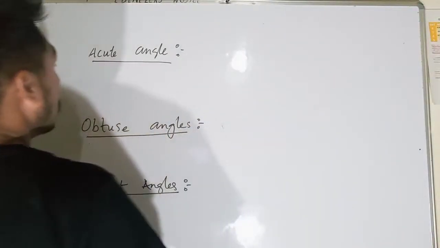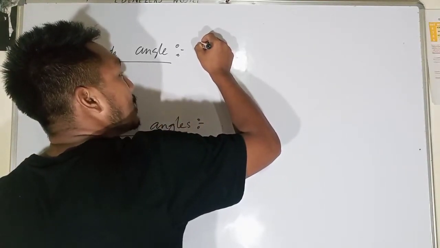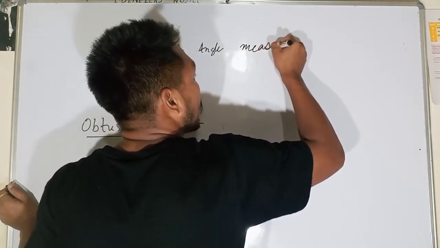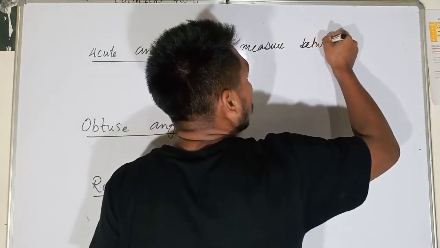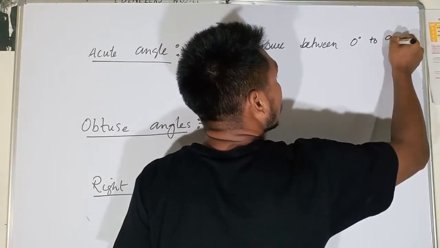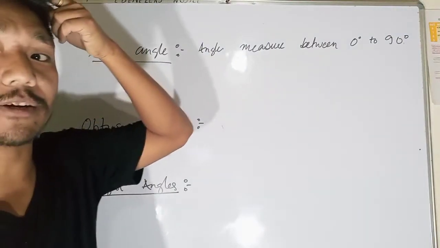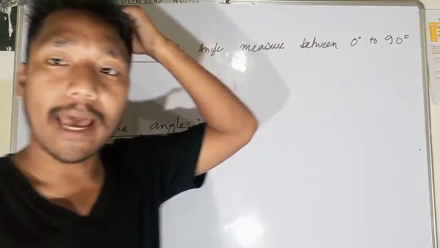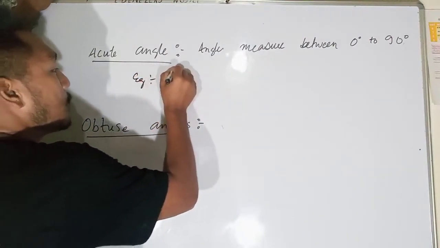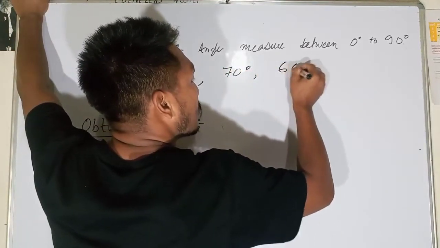Acute angles are those angles measured between 0 degrees and 90 degrees, or you can also say an angle less than 90 degrees is considered to be an acute angle. Examples: 35 degrees is an acute angle, 70 degrees is an acute angle, 60 degrees is also an acute angle.